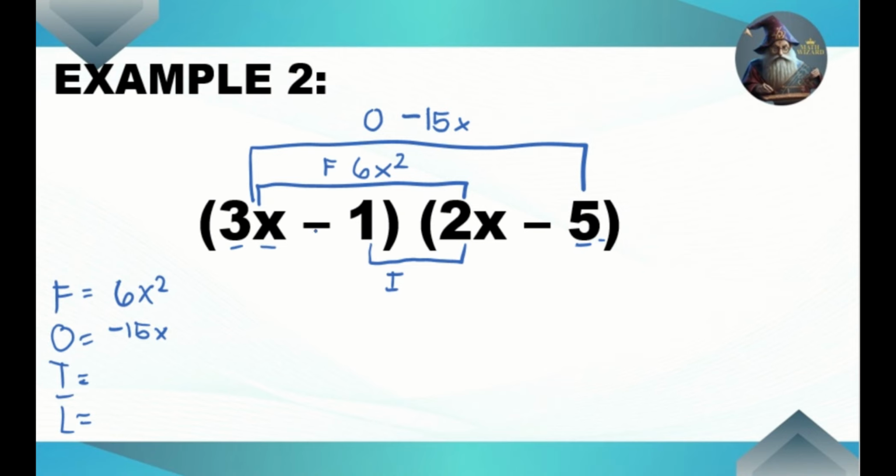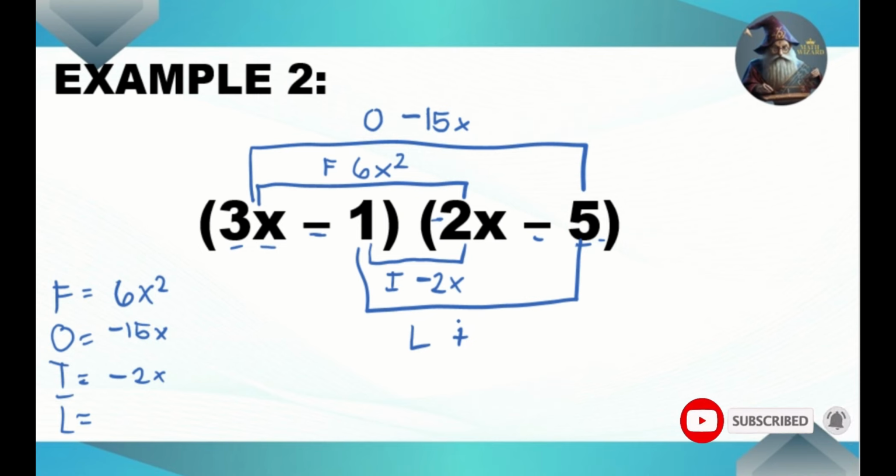Next, here we go to the inner, or the I. Let's do the sign first. Negative times positive, no sign means positive. So, negative times positive, that is negative. 1 times 2, that is 2. And x. There is no x on the other side, so just copy it. So, negative 2x. Then, multiply with the 5. This is the L. Negative times negative. In multiplying negative by negative, the result is positive. Negative times negative is always a positive number.